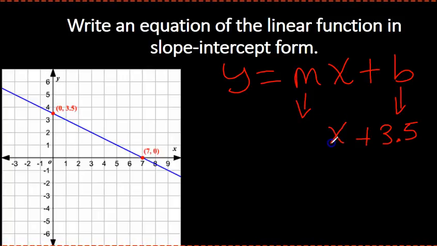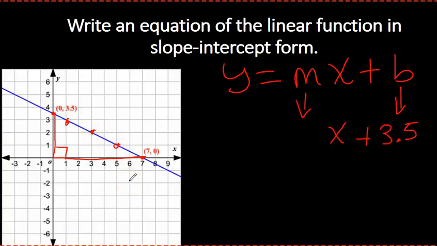Now we need to find the slope. How do we find the slope? Take 2 points and go from here to here. Since this is in the half, it may be difficult to count, but any 2 points on the line you can use.